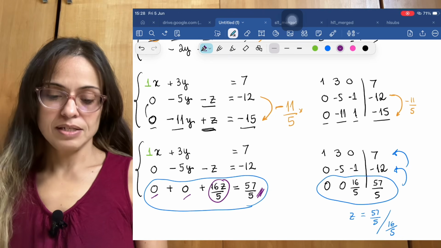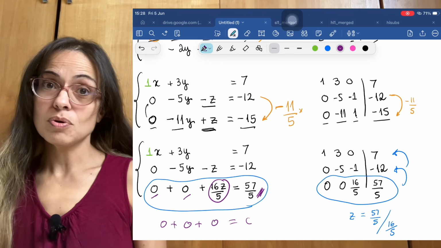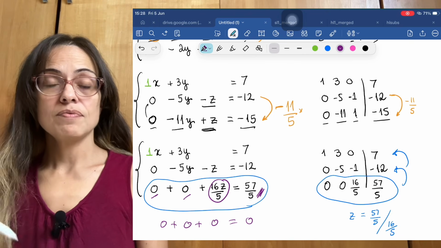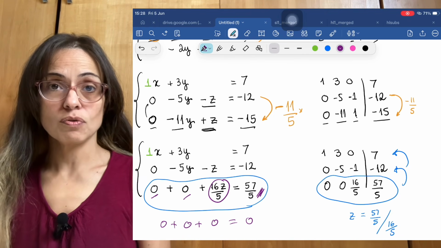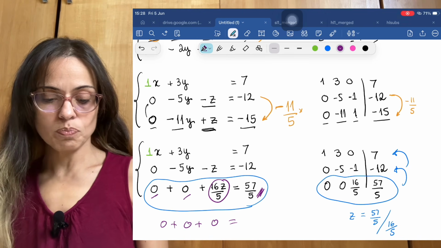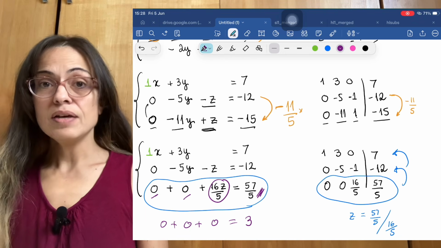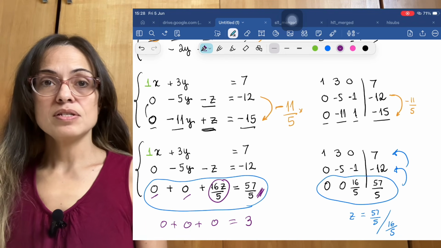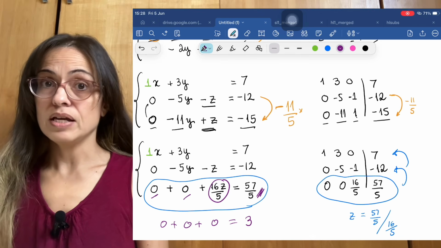Your line is either saying 0 plus 0 plus 0 is equal to 0, which is correct, and therefore implies that your system has an infinite number of solutions, or you are going to have a line that says 0 plus 0 plus 0 equals a number that is not 0. And this is impossible. This is the situation that implies that your system actually does not have any solutions.